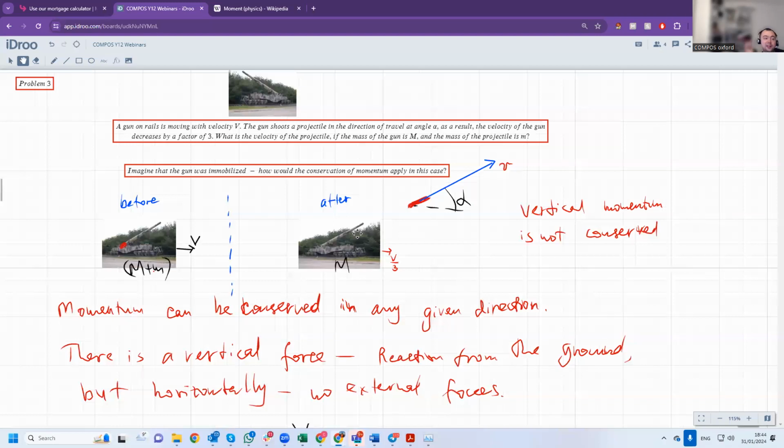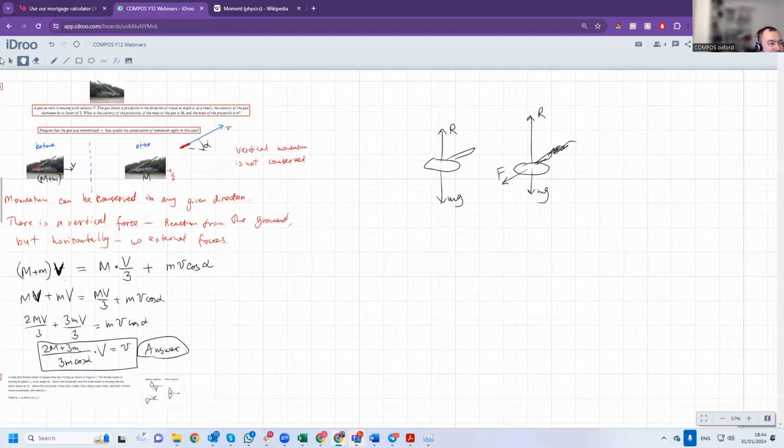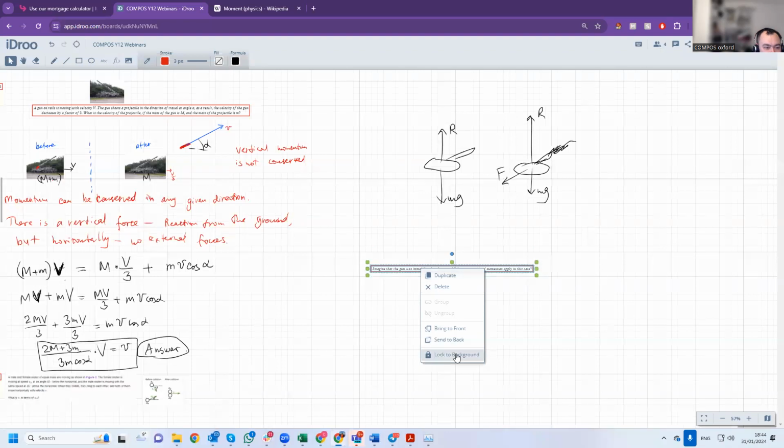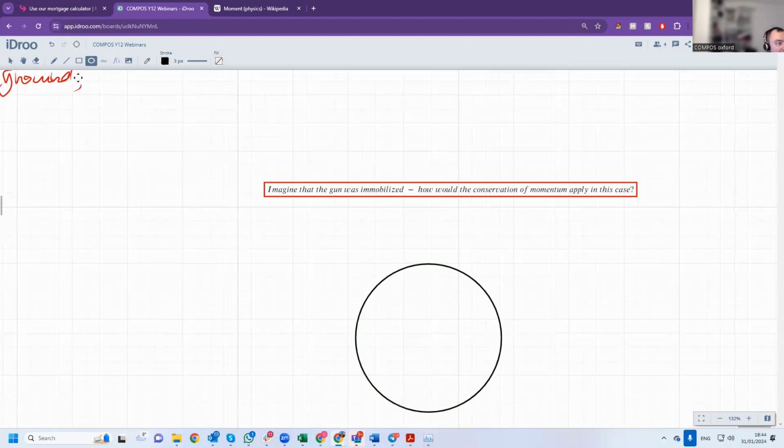I mean, if we take the gun and the Earth as a system. So let's say this is planet Earth, and planet Earth is rotating.